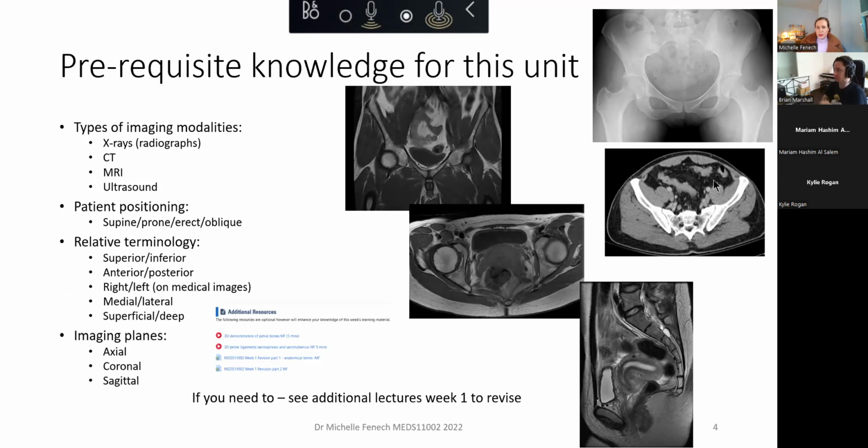This is a computed tomography scan, an axial of the pelvis. Can you see that the bones are bright or white on the CT scan and they're white on the radiograph? Can everyone see that? Why are the bones white on the x-rays and the CT scans?